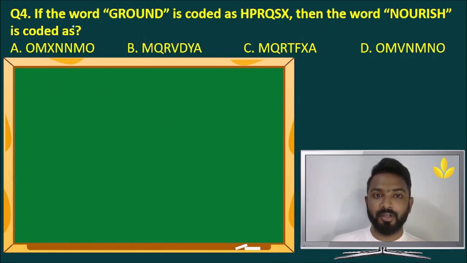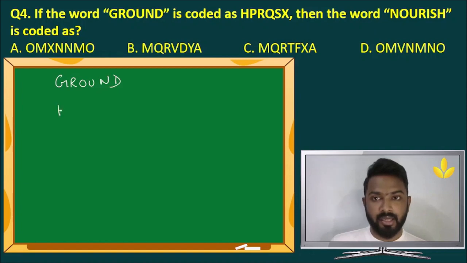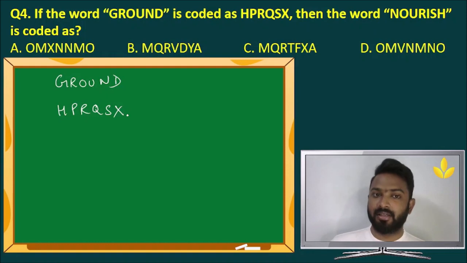Question number 4. If the word ground is coded as this, then the word nourish is coded as what? Okay, we have the word ground, UNDHPRQSX. Let's see.